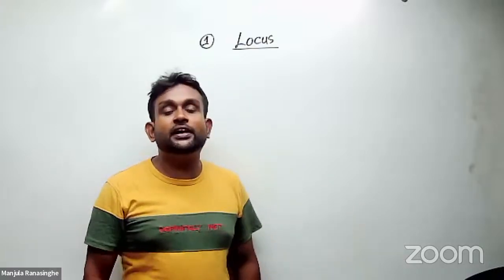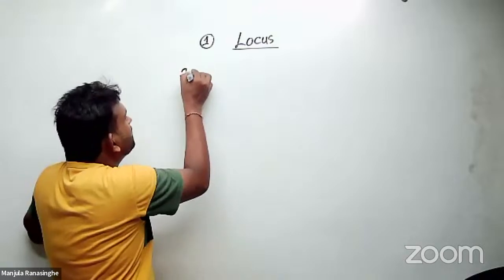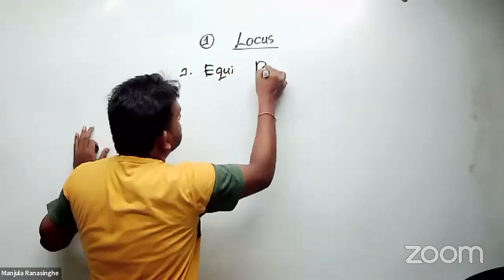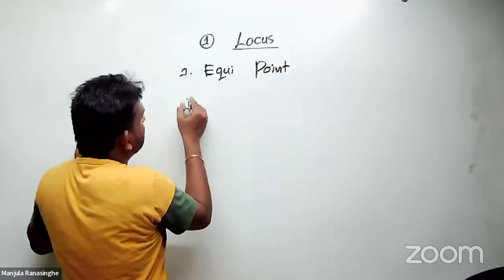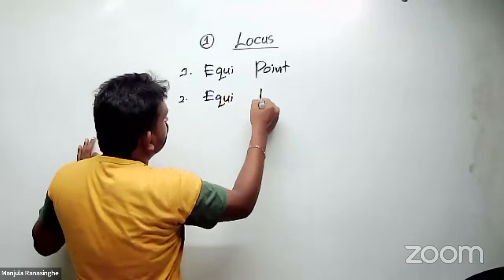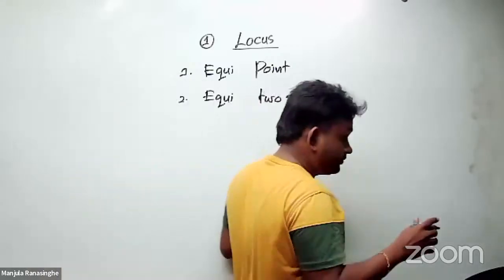These are learned in grade 9 mathematics. The first locus is equidistance to a point. The second locus is equidistance to 2 points.